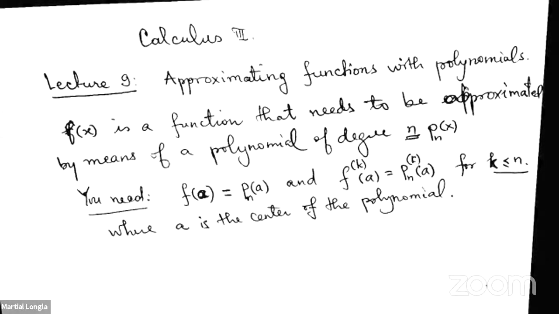So you have a polynomial that is centered at a point A that is given, and you want to use that polynomial to approximate the function that you have.